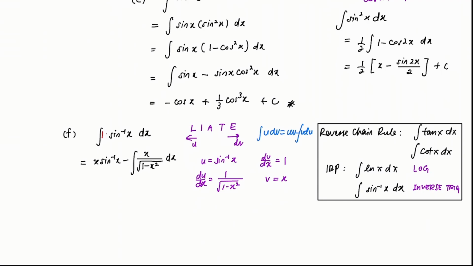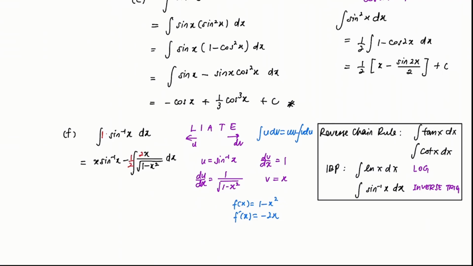Now let's take a look at what is this and this. Do we have an f and f prime? Actually we do, because if f x is equal to 1 minus x squared, f prime x over here is negative 2x. The one missing is your 2 inside and your half on the outside.